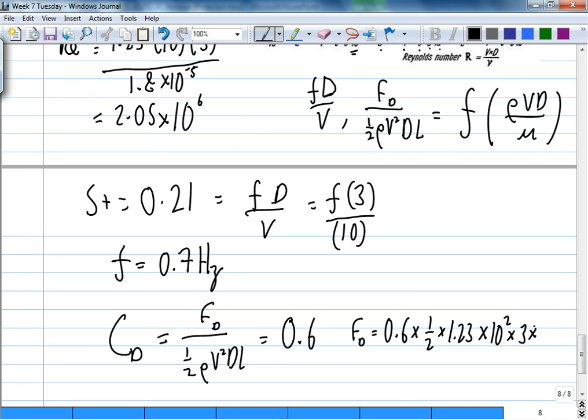No, diameter, so just put 1 meter. That is the length of our cylinder. 3 is the diameter, L1 is the length. I just made that up.